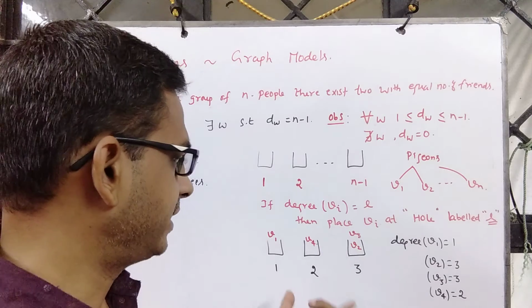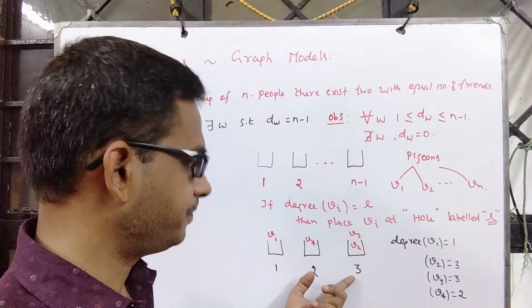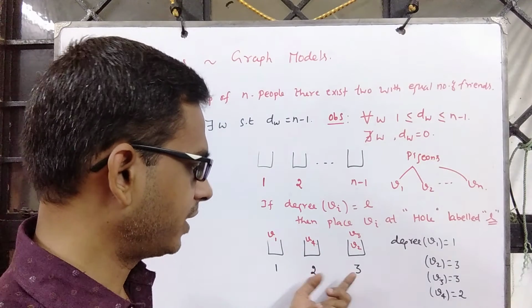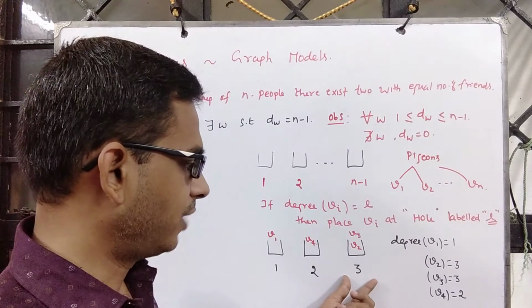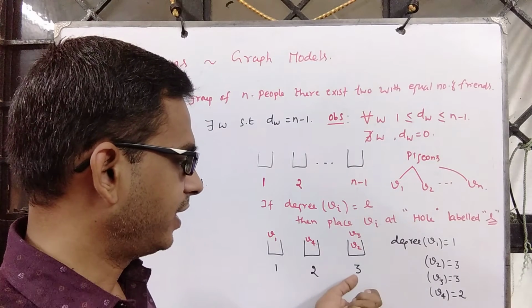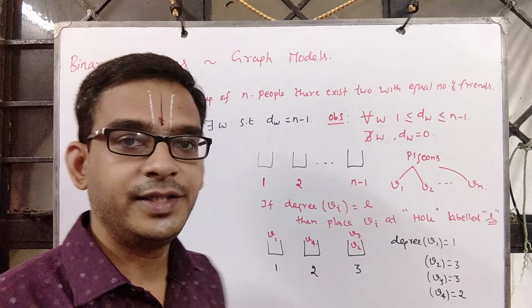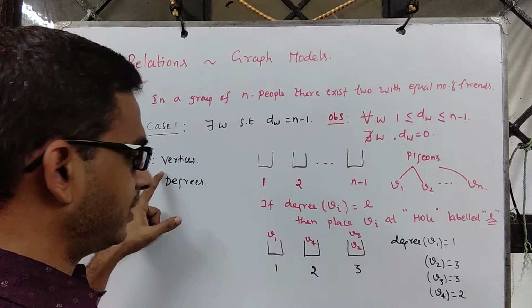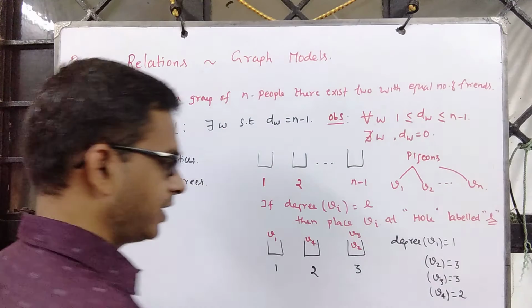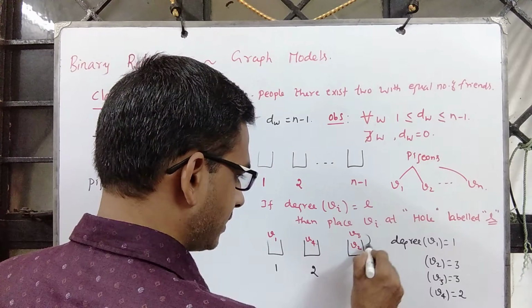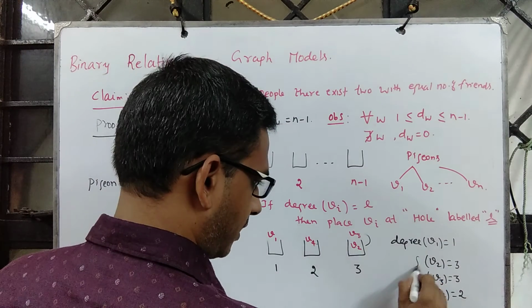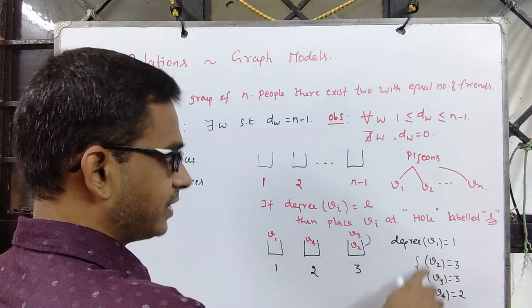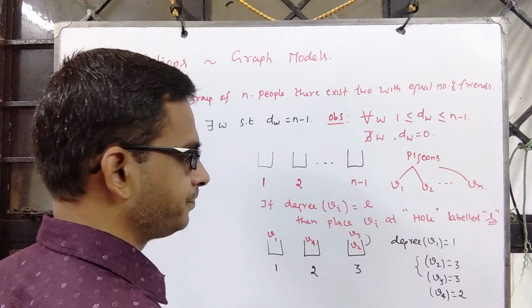And you naturally see that there is a pigeonhole whose label is say L. In that you find at least 2 pigeons. And what are pigeons? Pigeons represent vertices, which means these 2 vertices are the desired vertices, 2 vertices of equal degree.